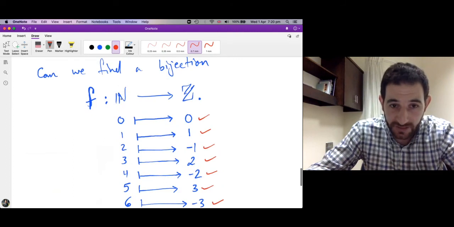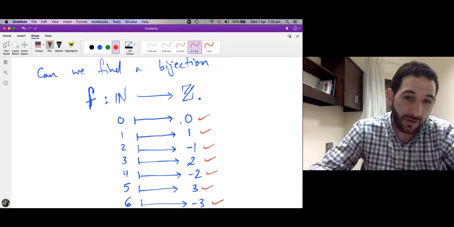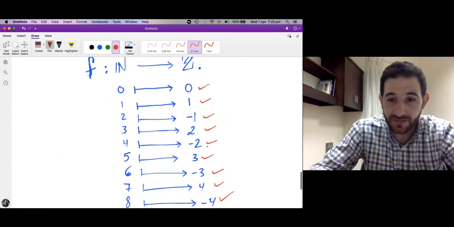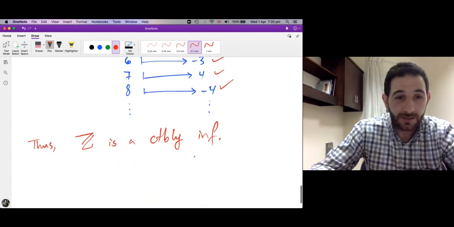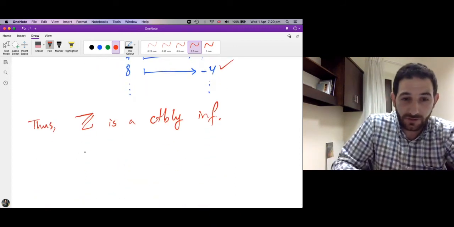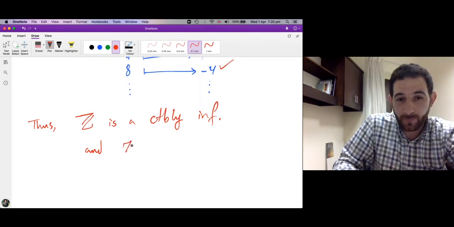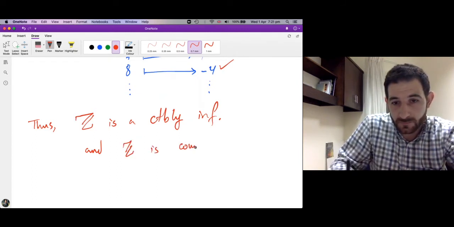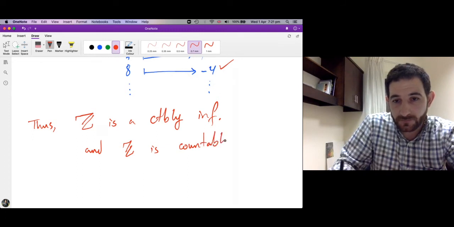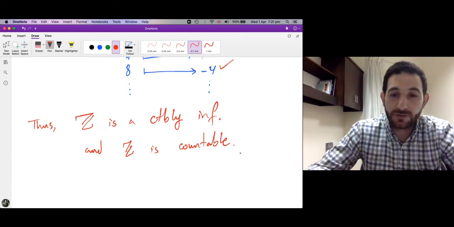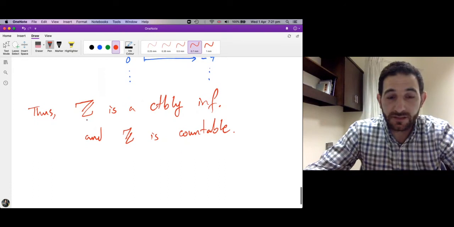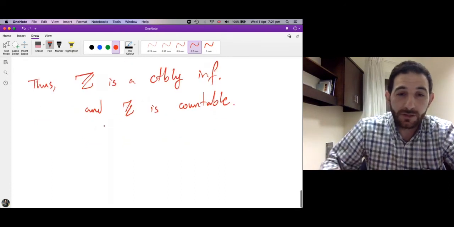Because there is a bijection from N to Z, or in other words, we can list the elements of Z in an infinite list. Okay, and so Z is countable. This shows that Z, the set of integers, is countable.